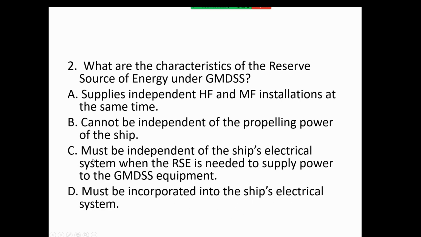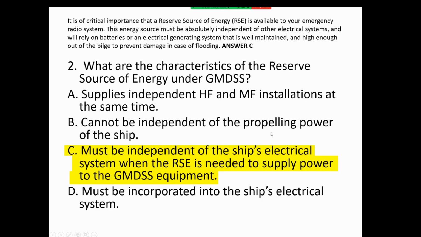So C is going to be it. It must be independent of the ship's electrical system, where the reserve source of energy is needed when it is needed to supply power to the emergency equipment or the radio equipment. All right, so 4 are very similar.